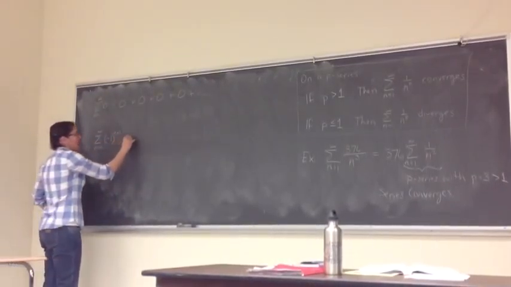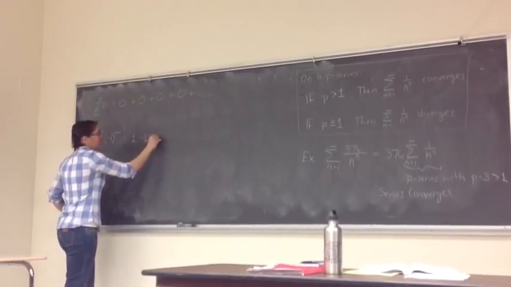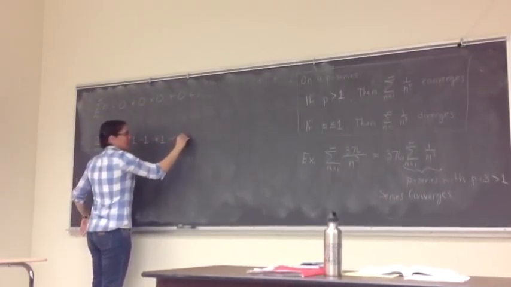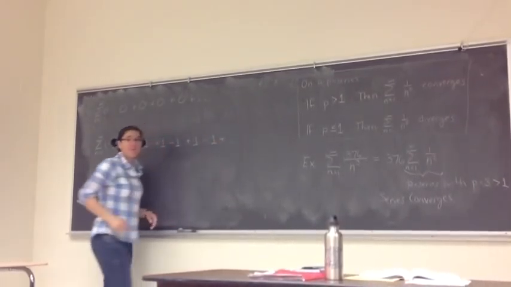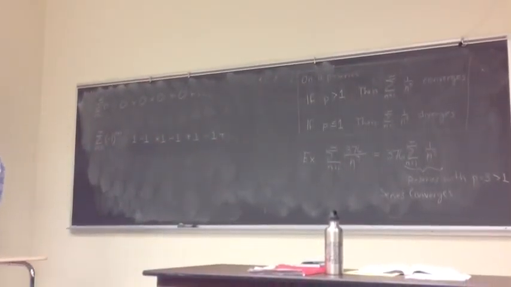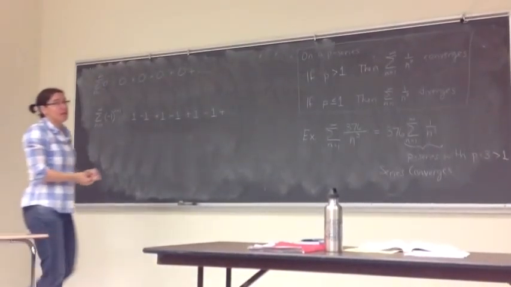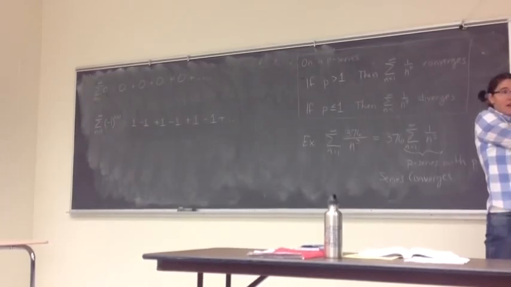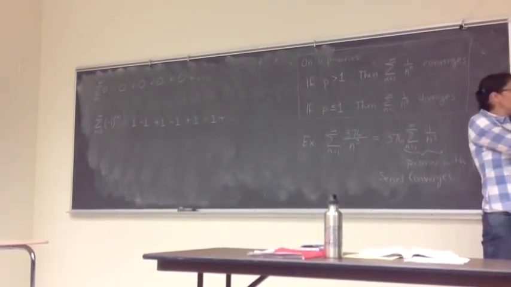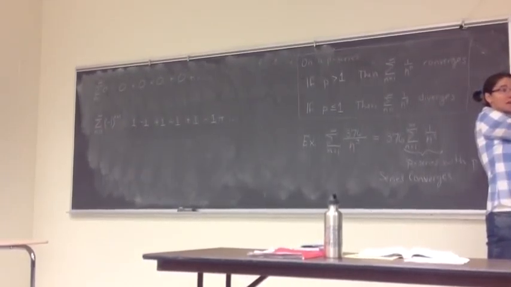And so I have 1 minus 1 plus 1 minus 1 plus 1 minus 1 plus etc. Playing around with the parentheses is just a red herring. These two series are actually very different.